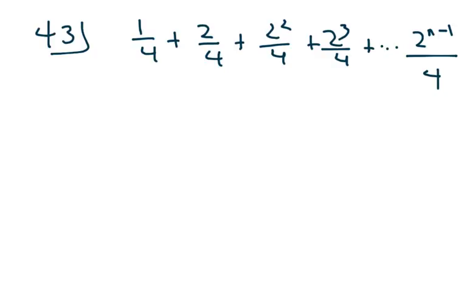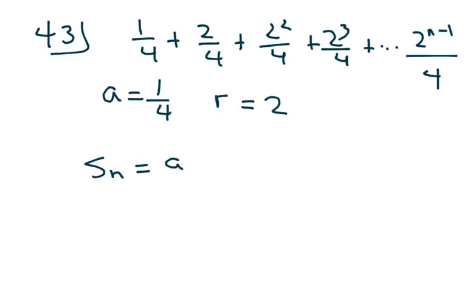And for this one, 43, all we're going to do is determine that a equals 1/4, our r equals 2, because we'll just keep multiplying by 2, and so our sum equals a times 1 minus r to the n over 1 minus r.